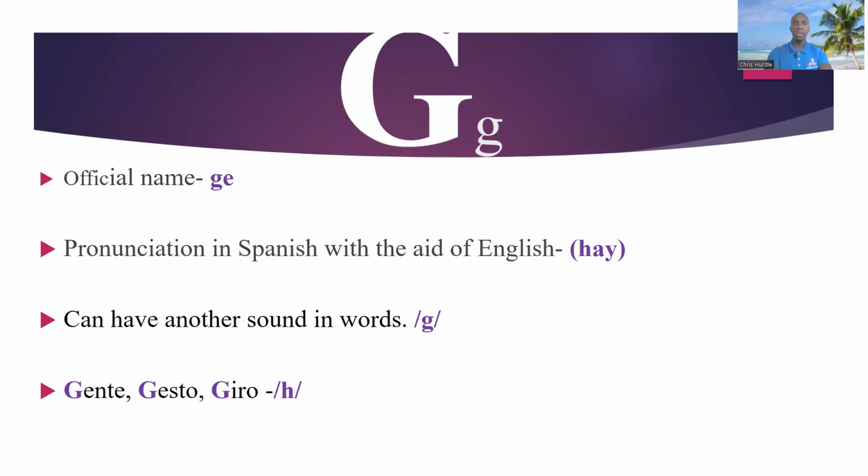But the pronunciation that we will be looking at will be when it sounds like the English H, right? So, gente, gesto, giro. Gente, people, gesto, gesture, giro, turn, okay? So, yes, the letter G in Spanish will be pronounced like the English H. He, all right?